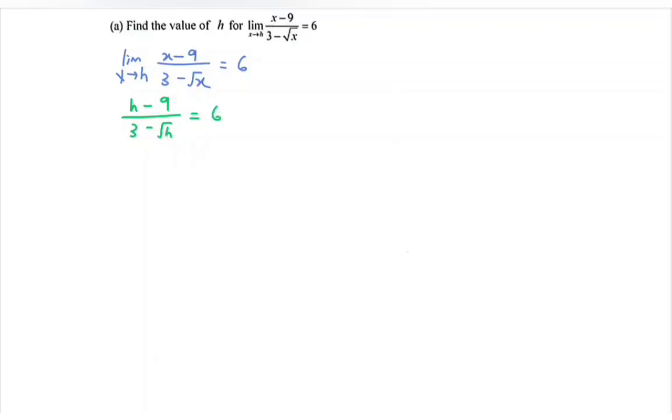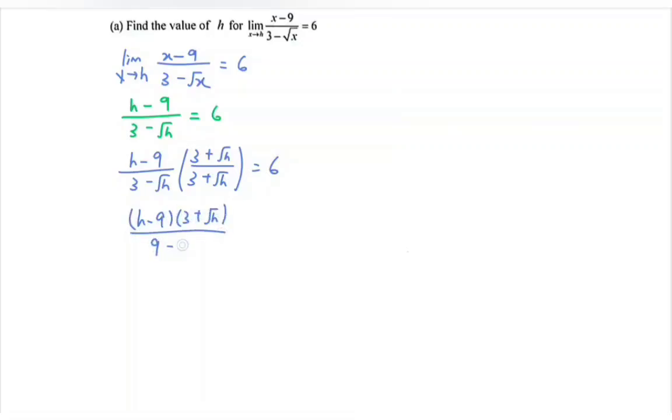Next, multiply by the conjugate: (h minus 9) over (3 minus the third root of h), times (3 plus the third root of h) over (3 plus the third root of h), which is equal to 6. So (h minus 9) multiplied by (3 plus the third root of h) over (9 minus h), which is equal to 6. So factor out the negative.